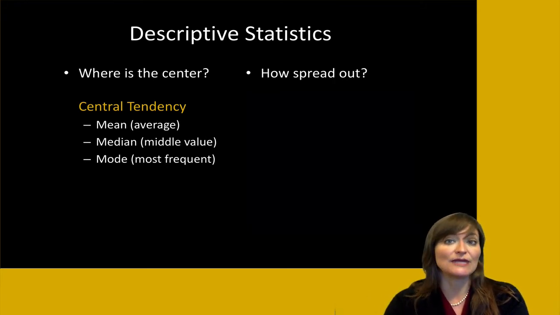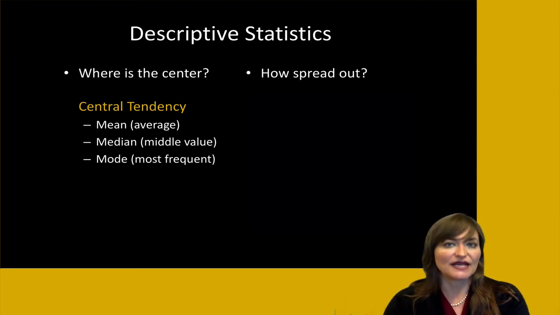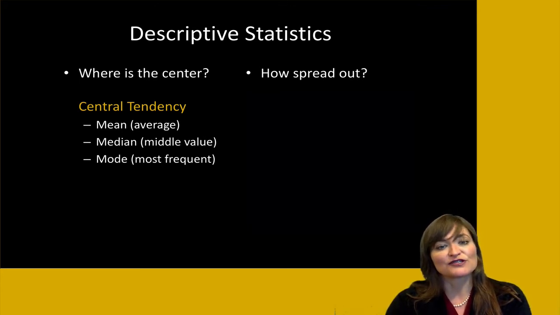Often you'll see the mean or the average used for this. But if the distribution is not symmetrical, then we might use the median, which is the middlemost value. And the last measure of central tendency is the mode, and that's the most frequent value.